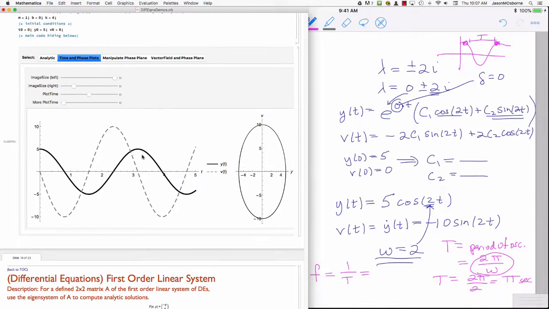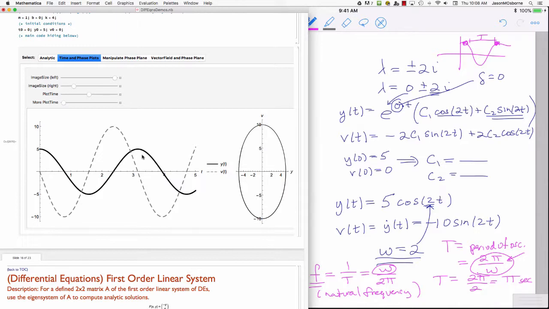The period was 2 pi divided by omega, so the natural frequency is omega over 2 pi. Omega shows up in both of those formulas, the period and the natural frequency. So that's the meaning of the variable omega.